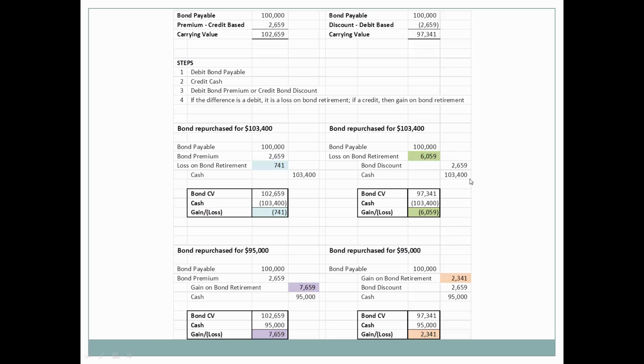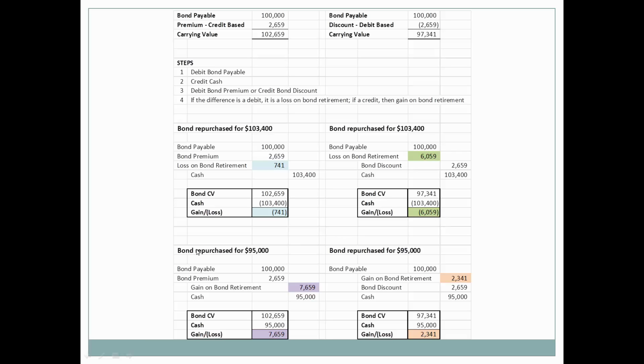These three amounts in the journal entry taken into consideration, there's a difference of $6,059, and that is a debit, which is a loss on bond retirement. So again, if this part of the journal entry winds up being a debit, it's a loss. So let's calculate that. The bond's carrying value, $97,341. We had to pay out $103,400 to retire it, and so there was a loss on the transaction.